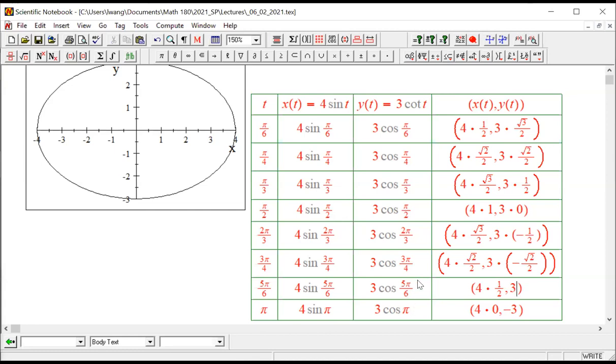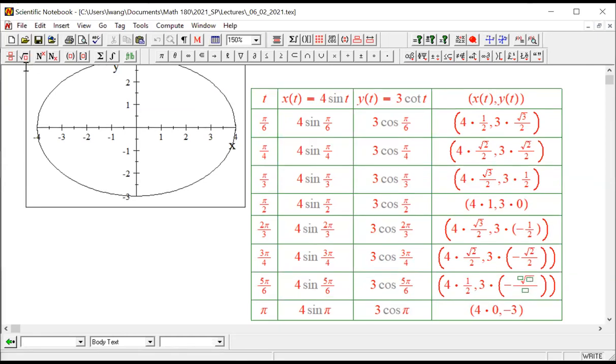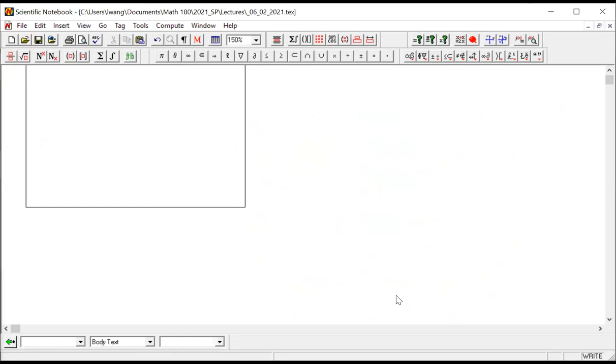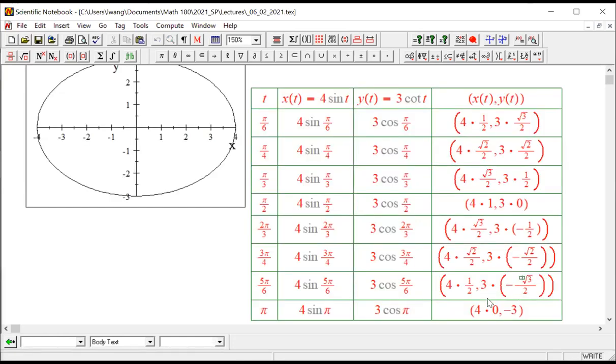What's the cosine of 5 pi over 6? -√3 over 2, right? Is that right? -√3 over 2. I deleted it by accident. Right? So that's how you get your points. That's how you get those points.